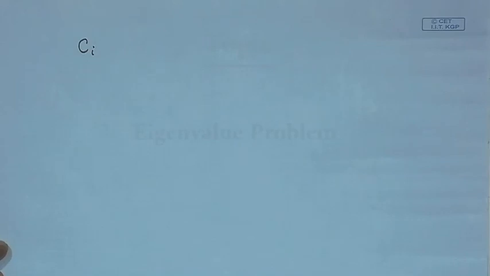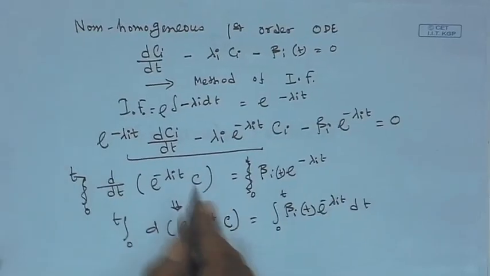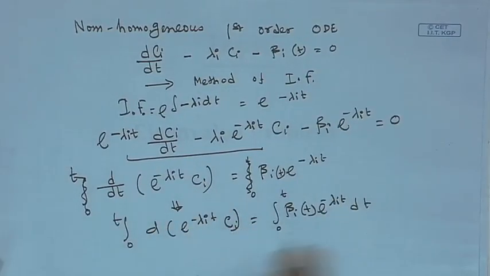After evaluation of this integral you will be getting c_i. We will be having the subscript i in all the cases of the c's.